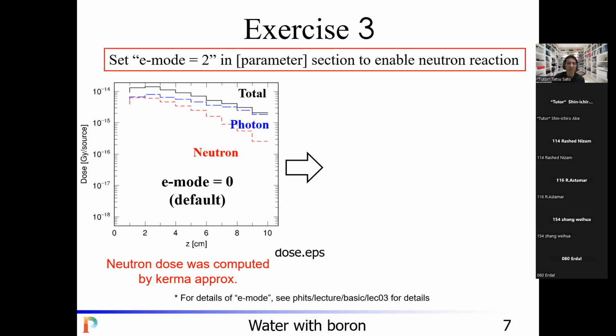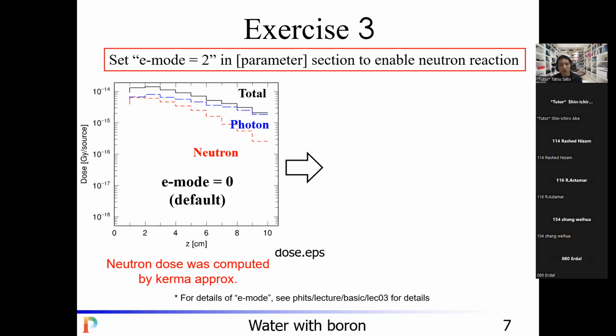The next exercise is to set e-mode equal to 2 in the parameter section to enable neutron reactions. Basically, this is a little bit difficult point of PHITS simulation.